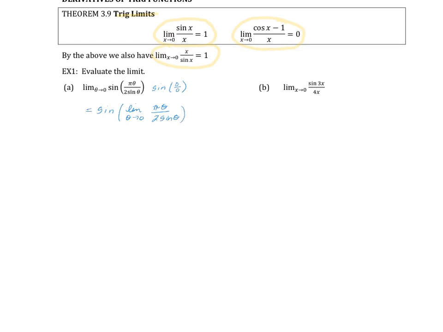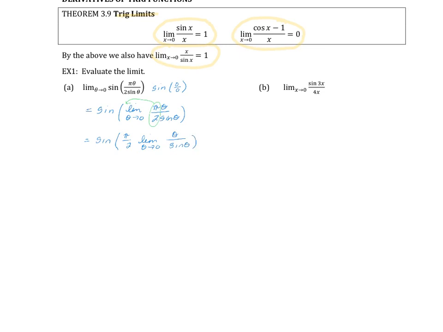And now notice that the pi over 2 is just a constant. So I can bring that out in front of the limit. This will be equal to the sine of pi over 2 times the limit as theta goes to 0 of theta over sine of theta.